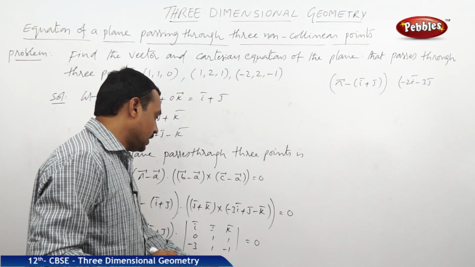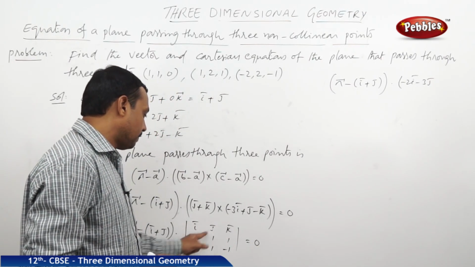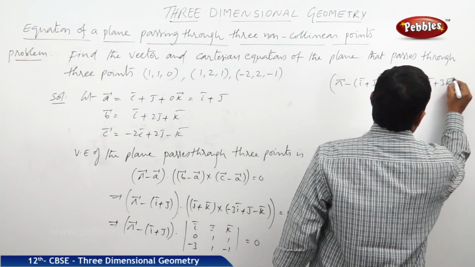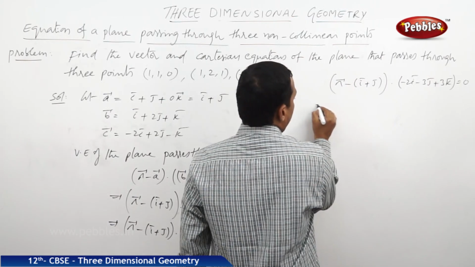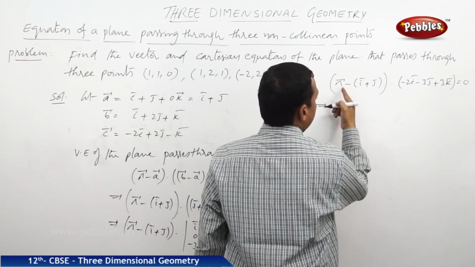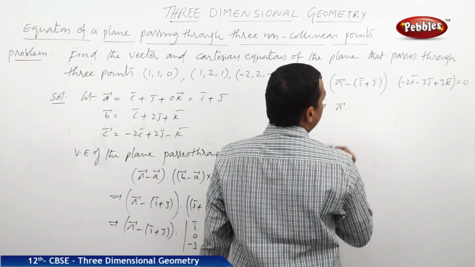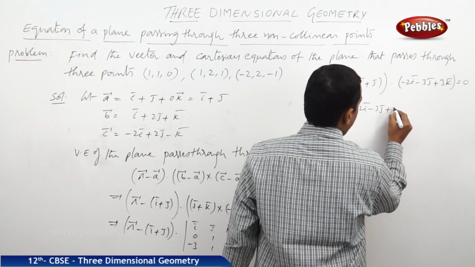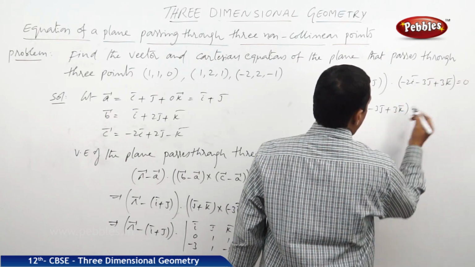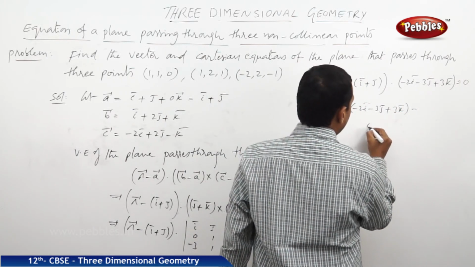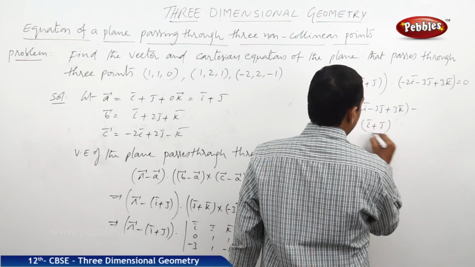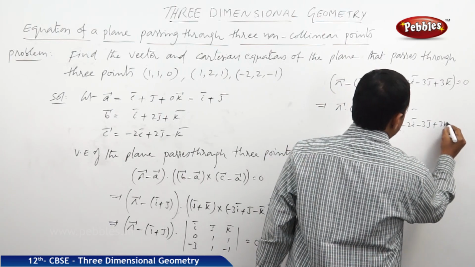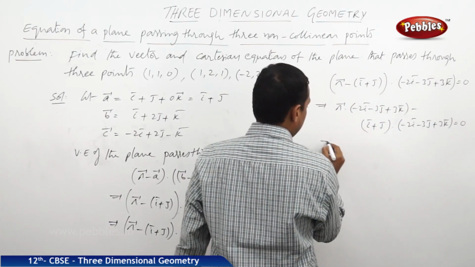Next, plus k into 0 plus 3, 3k, is equal to 0. This implies, by the distributive property, R dot (minus 2i minus 3j plus 3k) minus of (i plus j) dot (minus 2i minus 3j plus 3k) is equal to 0.